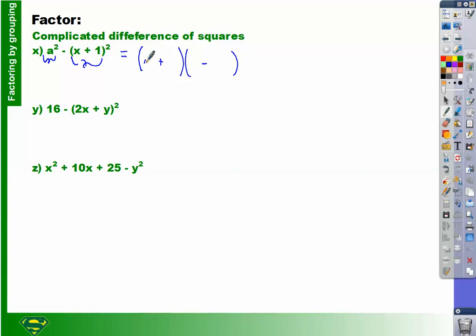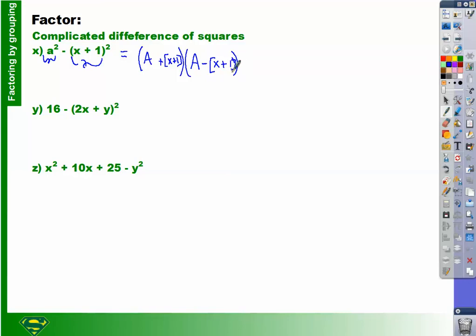A. Okay. What is the square root of the quantity x plus 1 squared? X plus 1. And I'm going to use a bracket here. So we have x plus 1 and x plus 1.